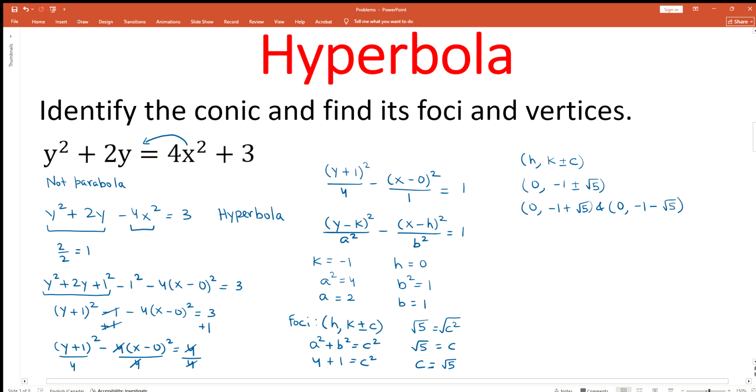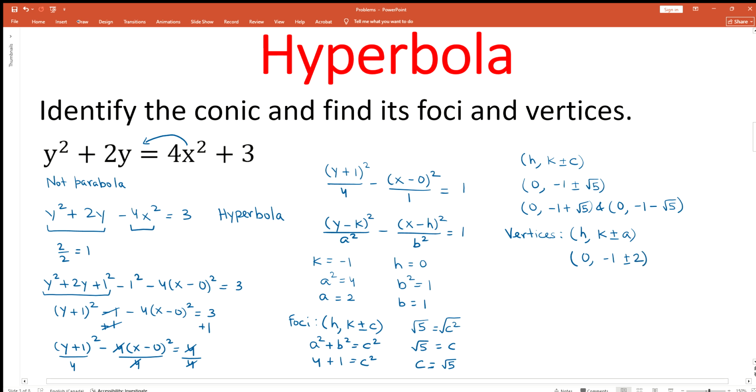Next, we can find the vertices of this hyperbola. The setup for vertices is h, k plus minus a. We can sub in the values. H is 0, k is -1 and a is 2.